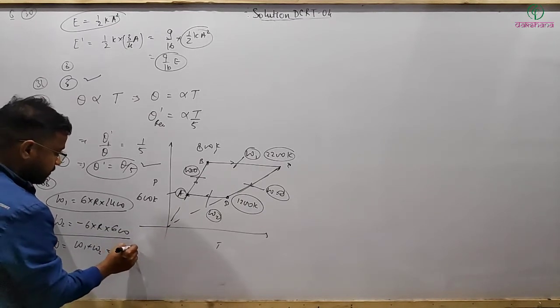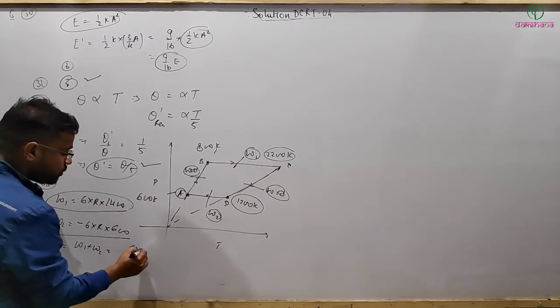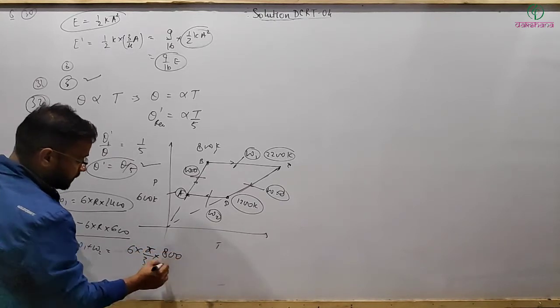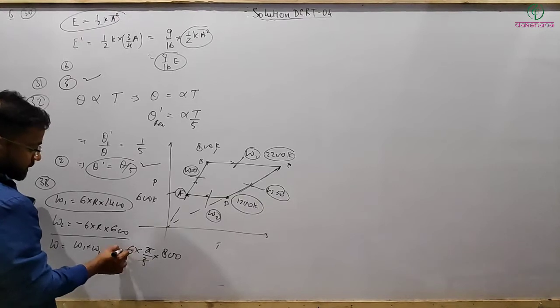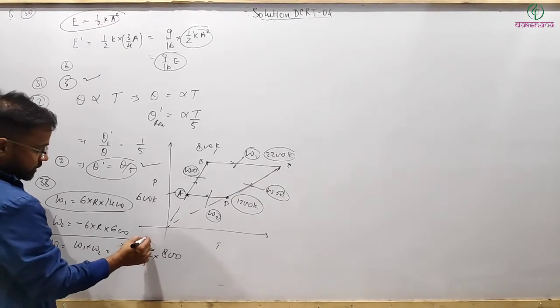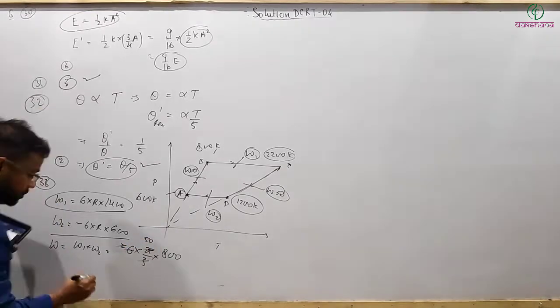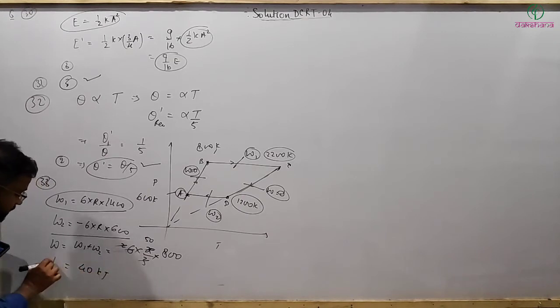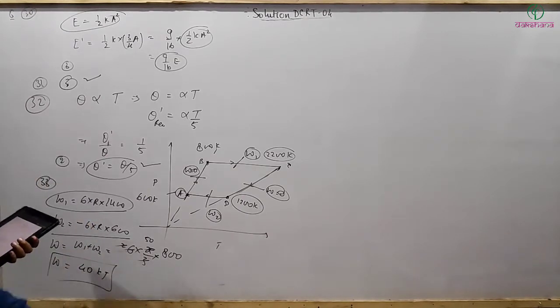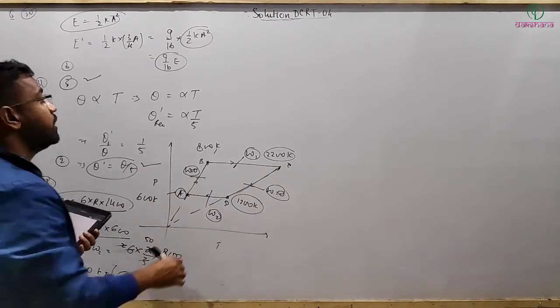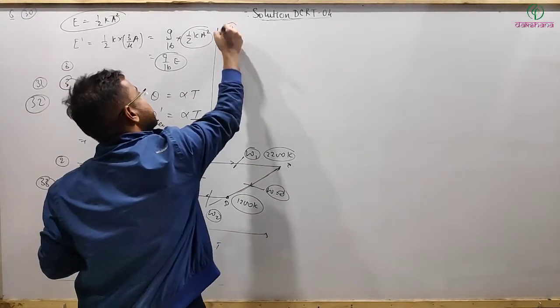It will be positive. 6 into R is 25 by 3, multiplied by 800. This is cancelling out 2, and now this is 50 multiplied by, so it's coming out to be 40 kilojoule, the work done in the cyclic process per cycle. That's matching with option number 3. Next, question number 34.